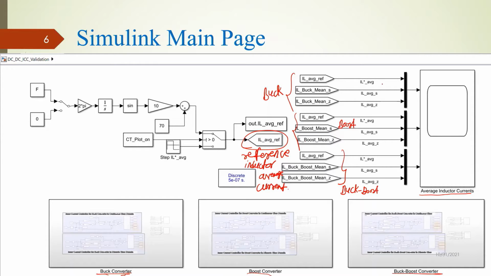Okay. And in each scope, you see this reference average value, and then we have the average inductor current in continuous time domain. So wherever you see some text underscore s, this means continuous time domain implementation.